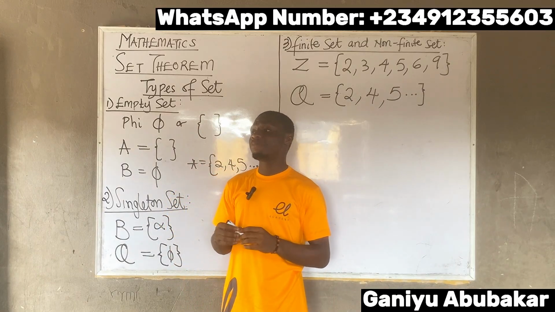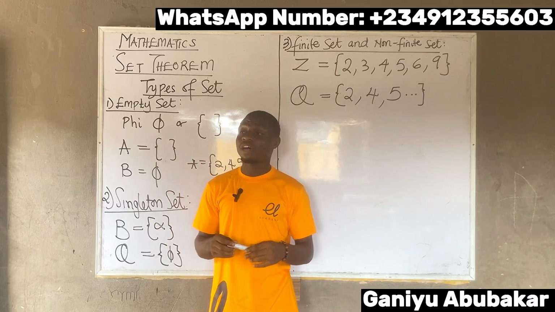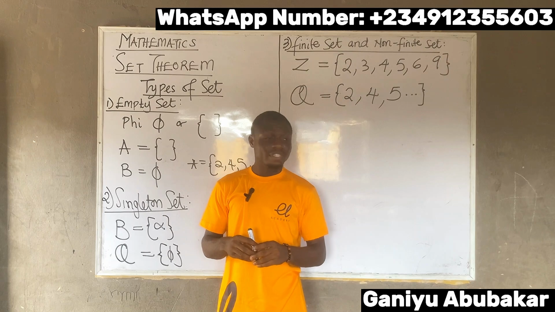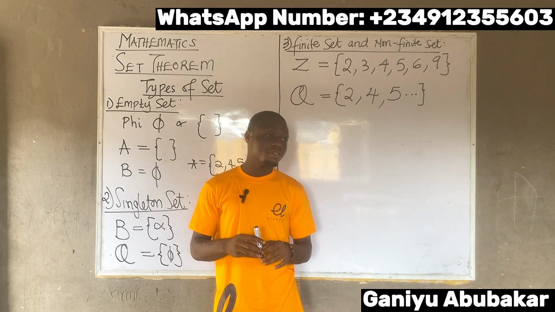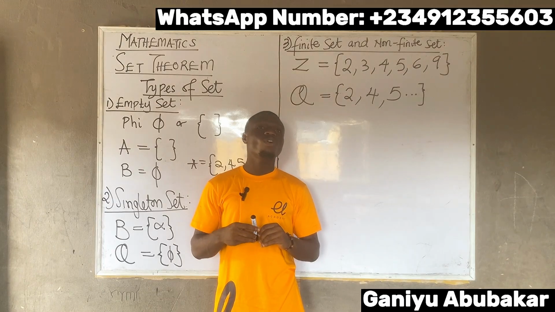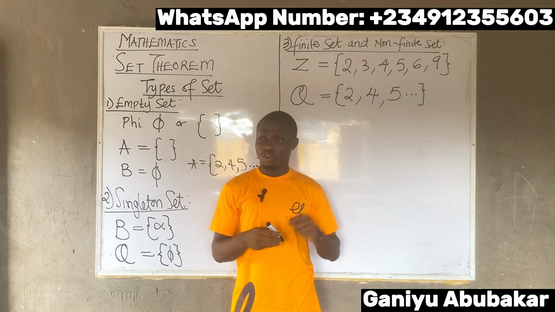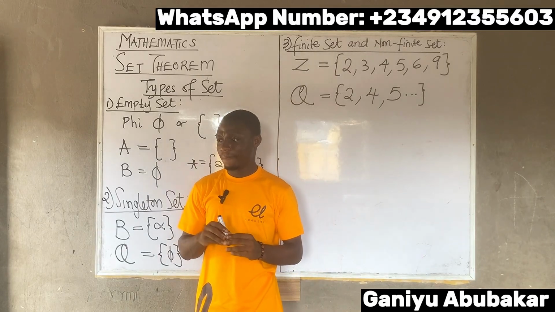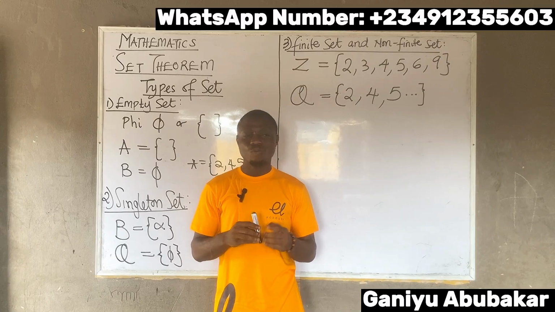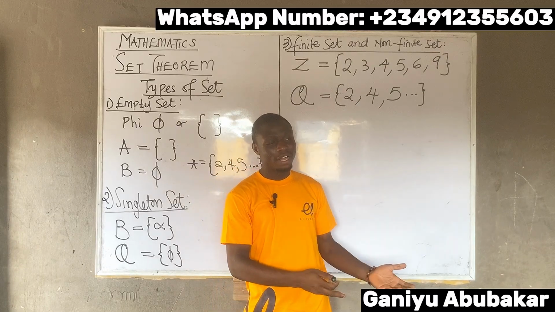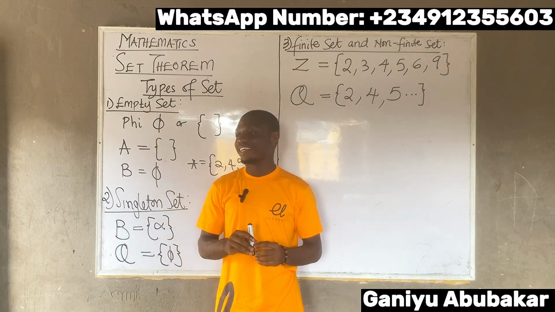If anybody in this class gives me the answer to this question, I'm giving you a transfer of 5,000 naira. What is the last number of an even number? That's all. 5k to your account.